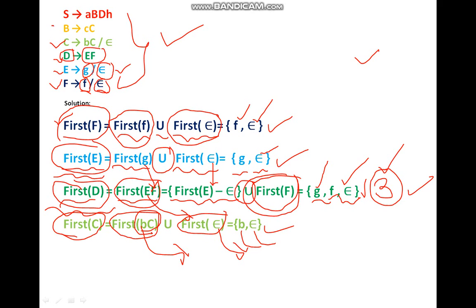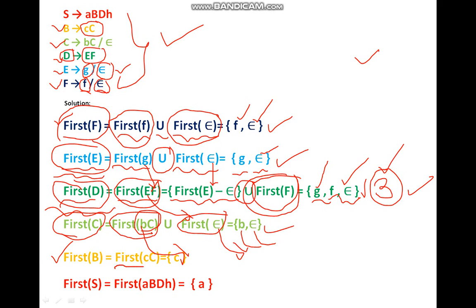Now what would be first of B? First of B, you can see we can derive only one string starting with small c. That's why first of B equals first of small c and capital C, and here the first terminal is small c, so add it here.